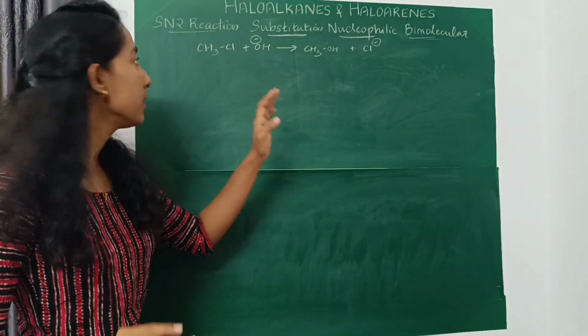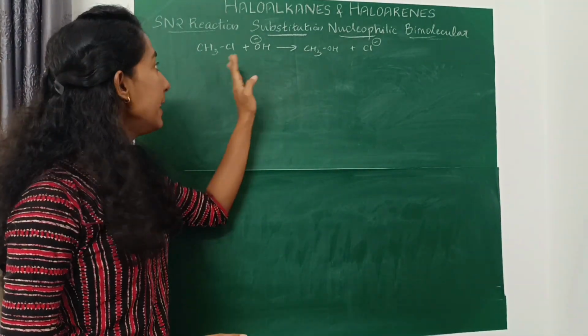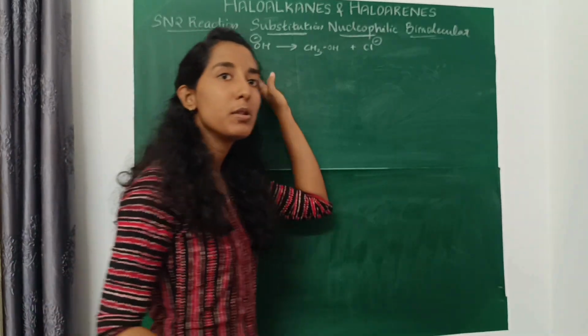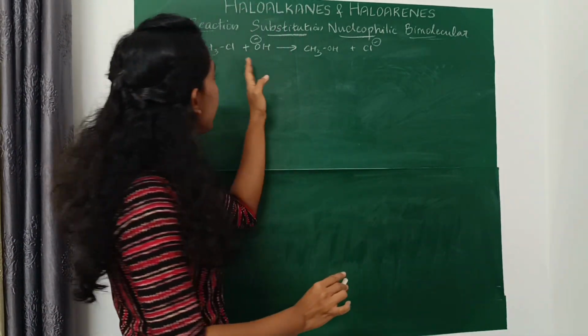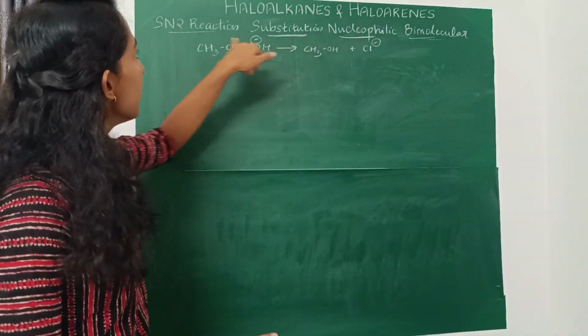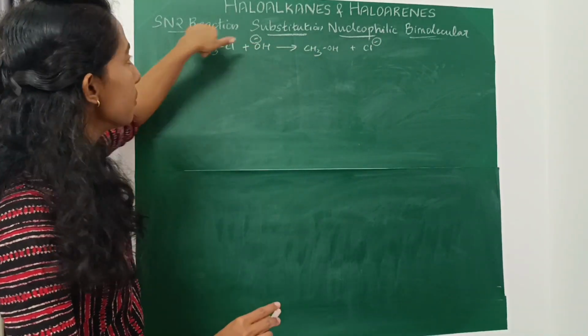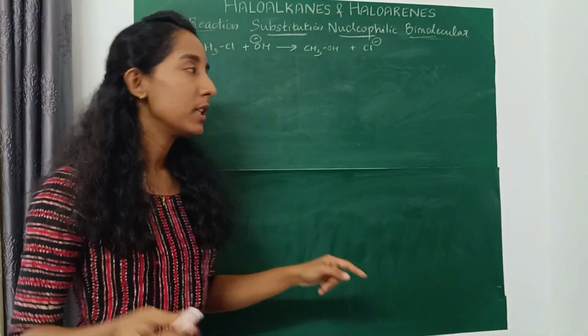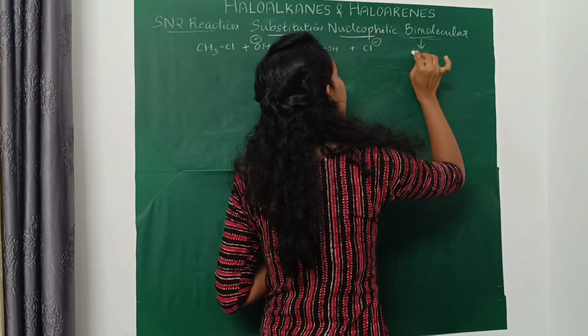Here you can see this is a primary alkyl halide. It reacts with OH minus to give ethanol and chloride. It is a bimolecular reaction. I have told you it is bimolecular, that is, second order kinetics. So it follows second order kinetics.